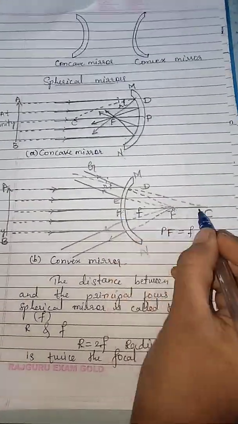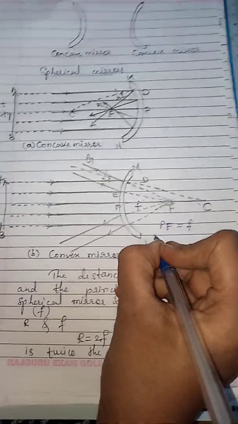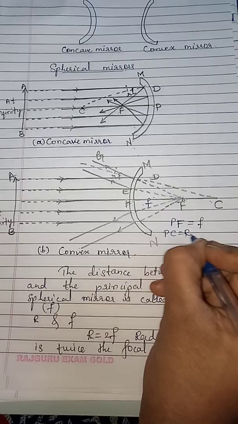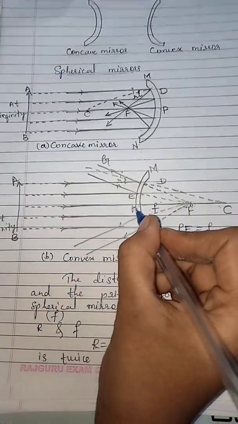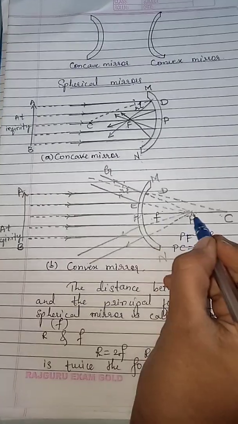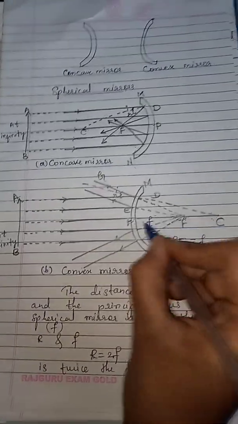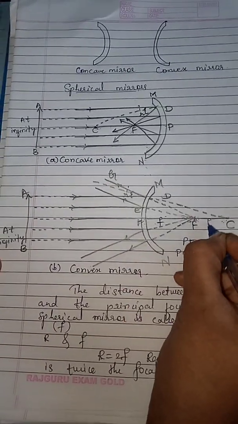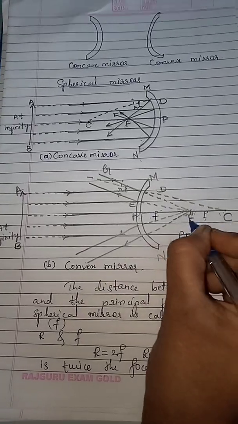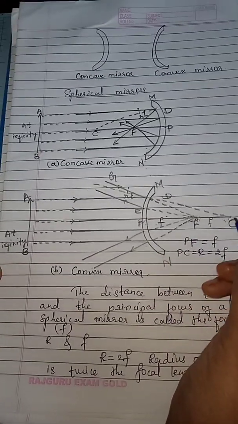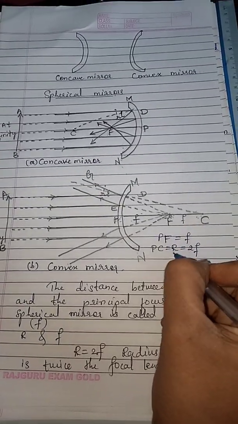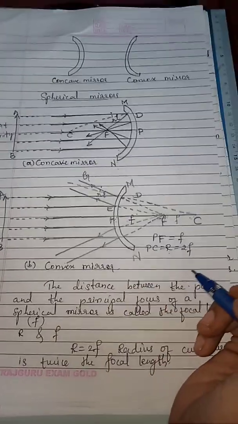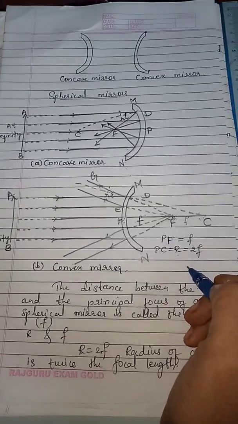Now the radius of curvature, the distance between P and C, that is PC equals R. This equals 2F, because the distance between P and F and between F and C are both equal, also F. The distance between the pole and the center of curvature, the radius of curvature, is twice the focal length, so we can write R equals 2F.